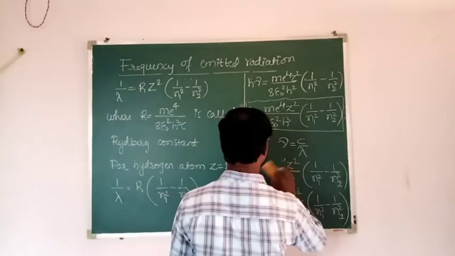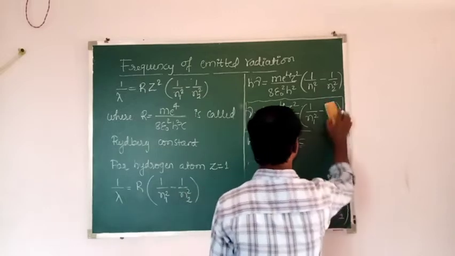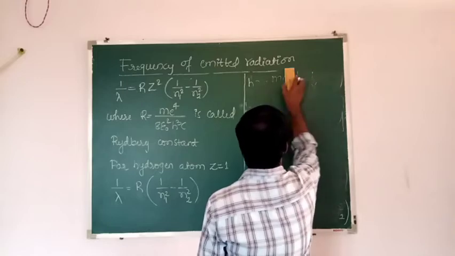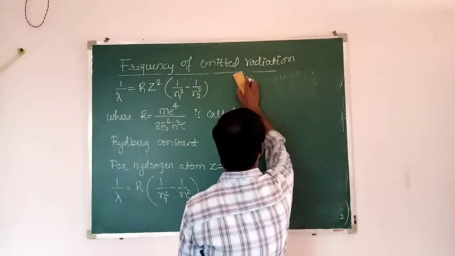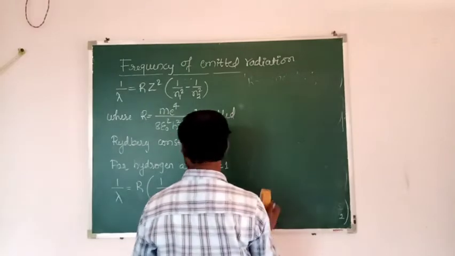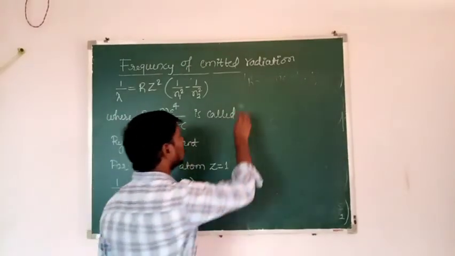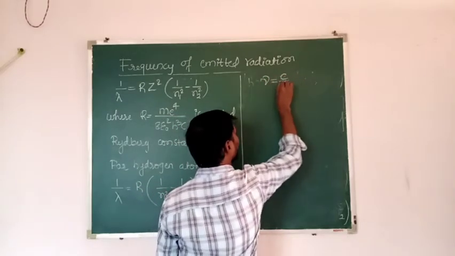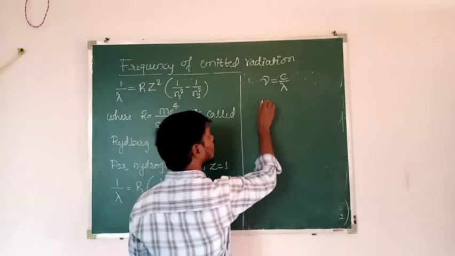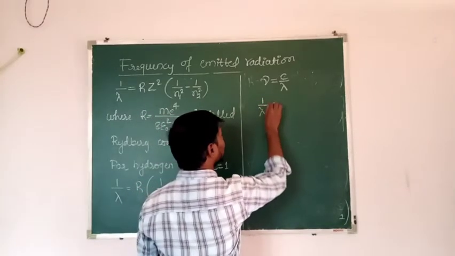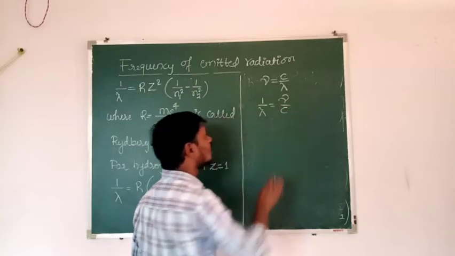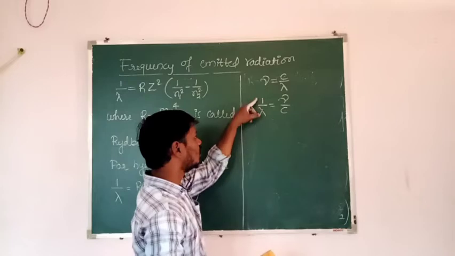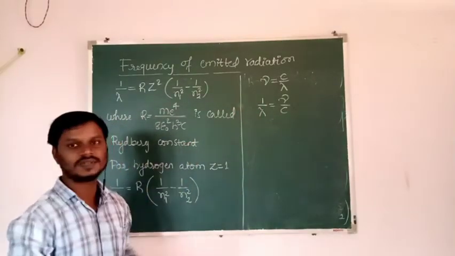And also we can write the frequency in terms of the Rydberg constant. Again we know that nu is equal to c by lambda. Then 1 by lambda is equal to nu by c. Wherever 1 by lambda is there, I will put nu by c.